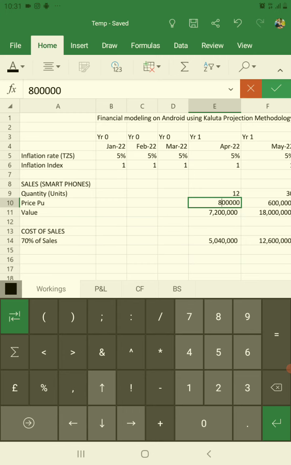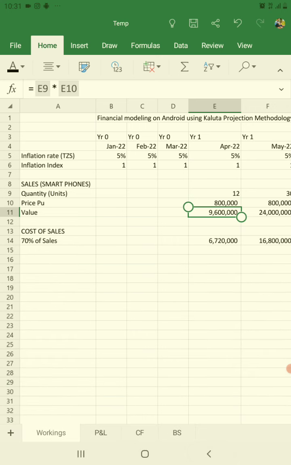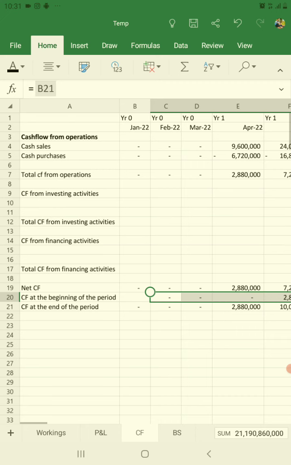So I put 800,000 instead of 600,000, and this is throughout the projection period, including adjusting for inflation as we did. That change will be reflected in the sales, in the profit and loss, in the cash flow, in the cash sales, and in the balance sheet too.